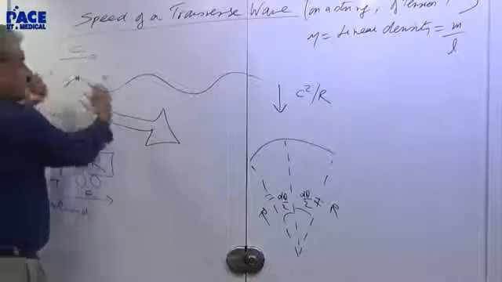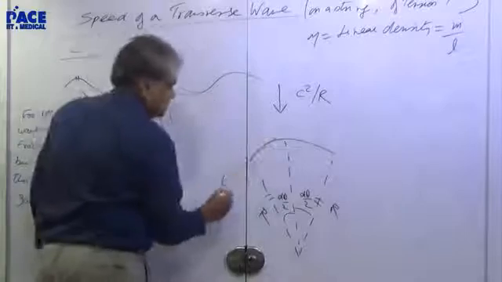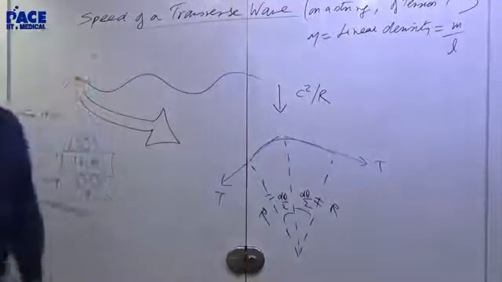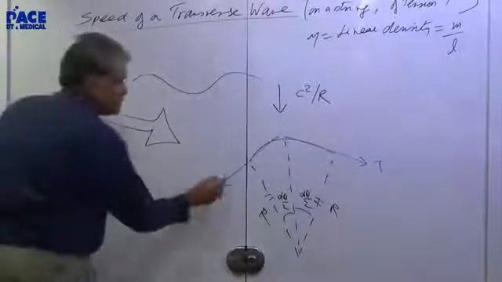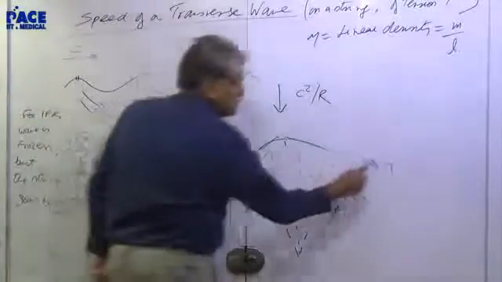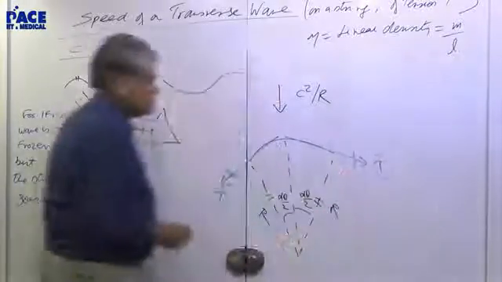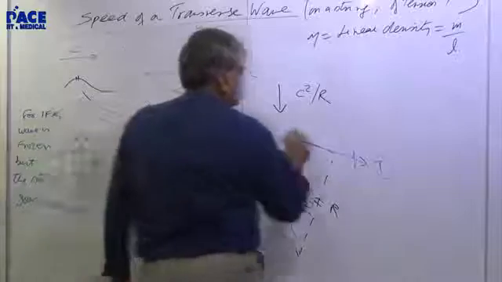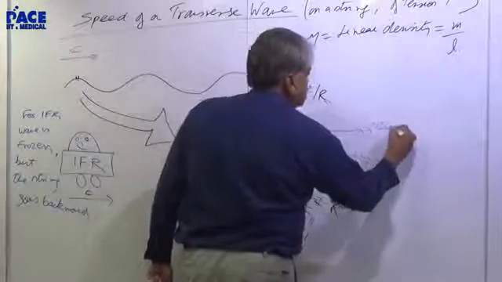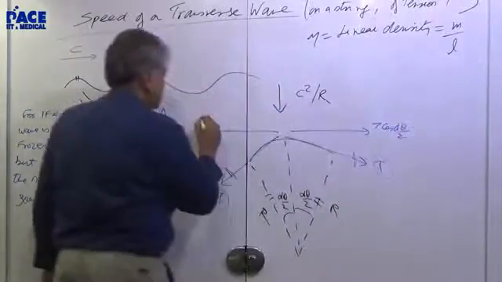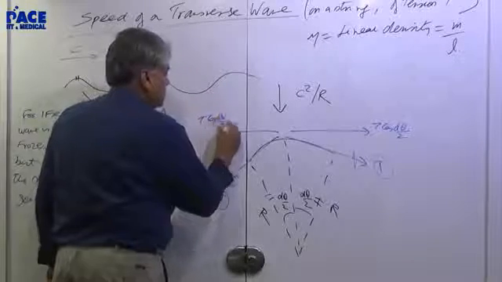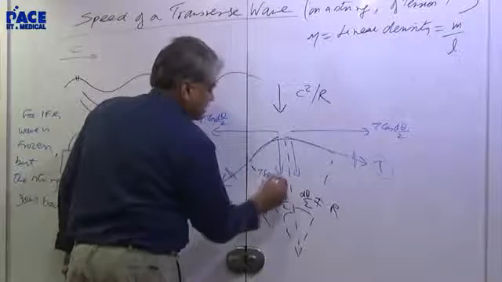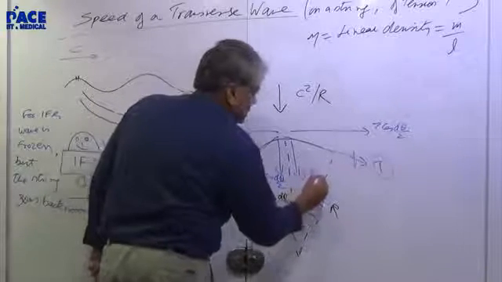The neighbors of the string are pulling the string with tension T. Right? So we can resolve this tension in the tangential direction. This will be T cos d theta by 2, T cos d theta by 2, and in the radial direction T sin d theta by 2, T sin d theta by 2.